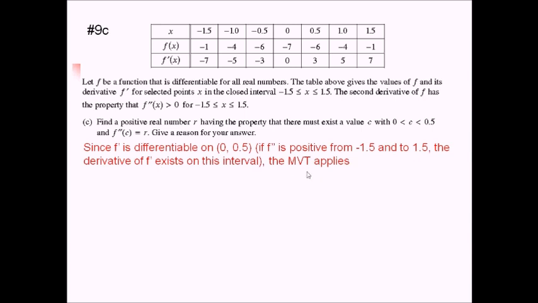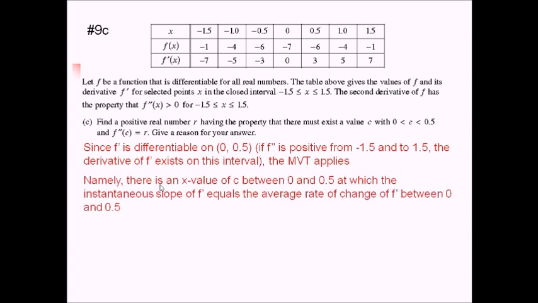Using the mean value theorem, there's an x value of c somewhere between 0 and 0.5 where the instantaneous rate of change of f prime and the average rate of change of f prime over 0 to 0.5 are going to be the same thing. So we need to figure out what the average rate of change of f prime is over the interval from 0 to 0.5.